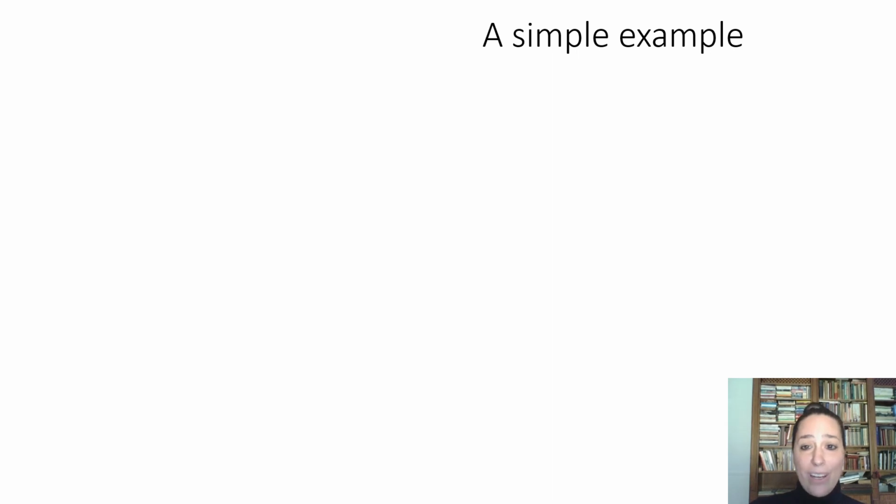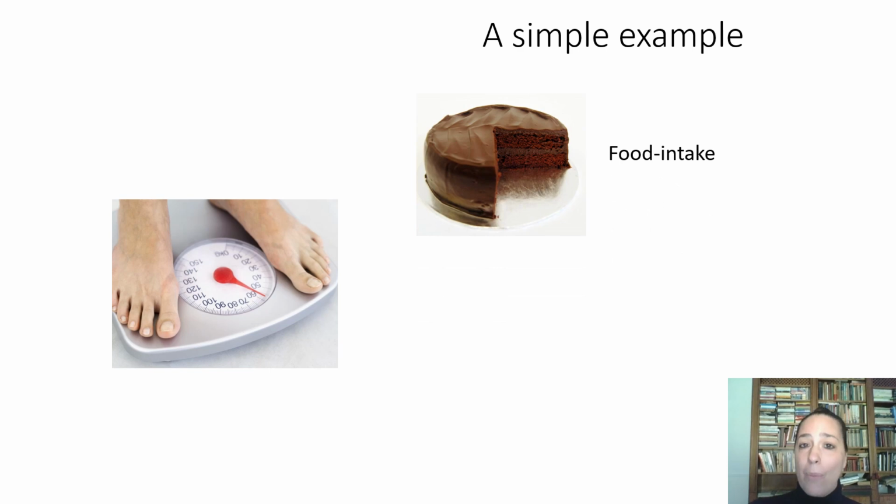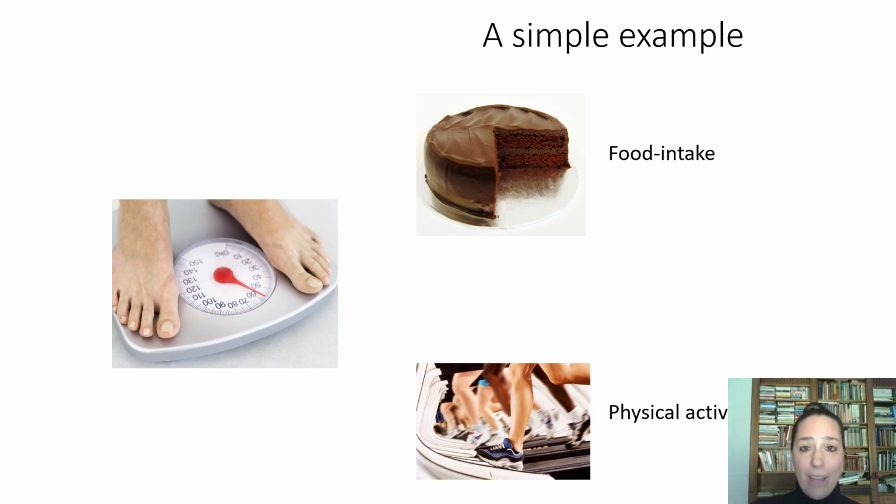So let's have a look at a simple example. The weight I gain or lose depends on how much I eat and especially how much chocolate I eat. It also depends on how much sports I can do. So the food intake I have, the more food I have, the more weight I will gain.